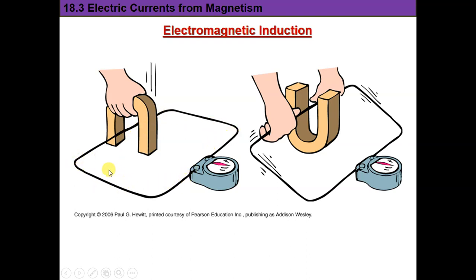They are not moving. There is no flow of electrons, so there is no current, so the needle should be at 0. But if I bring a magnet and move it in and out, I will notice that the needle of the galvanometer moves, showing a reading, showing current.